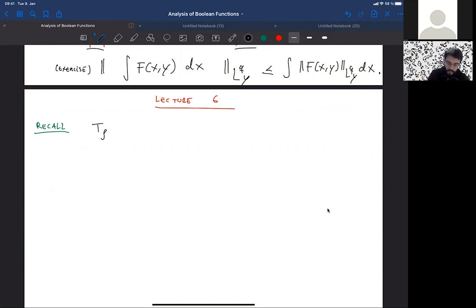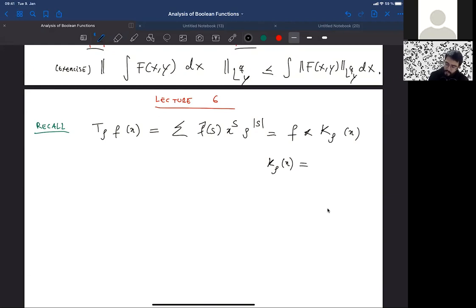So just to recall, we are focusing on this operator T_ρ, which in the Fourier expansion of f acts as a multiplication. But this can also be seen, as we saw in the last class, as the convolution against a kernel. The kernel here, if I remember correctly, should be just this.